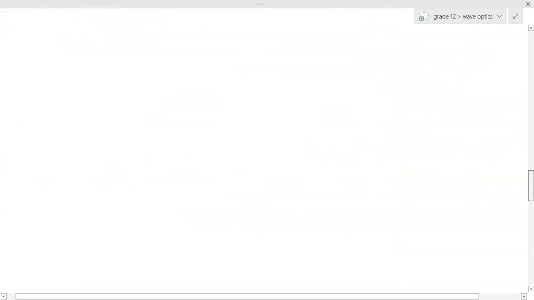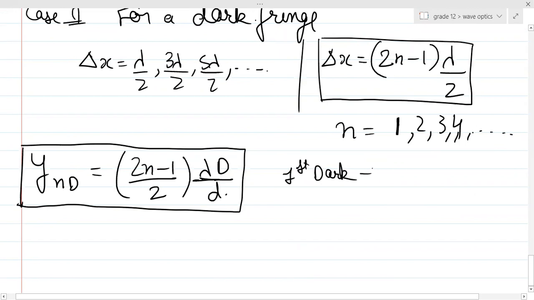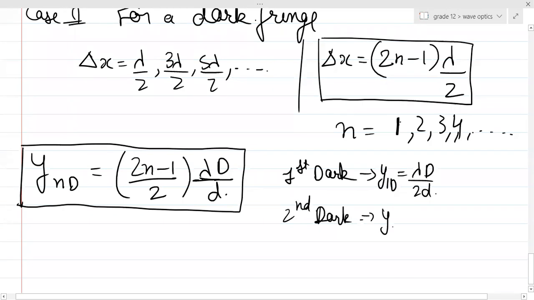So anyways, if I want the position of the first dark, for the first dark you'll put n equals to 1 over here. If you put n equals to 1, this is basically λ/2, right? So the position of the first dark will be λD by 2d. Similarly, the second dark will be formed at 3λD by 2d.